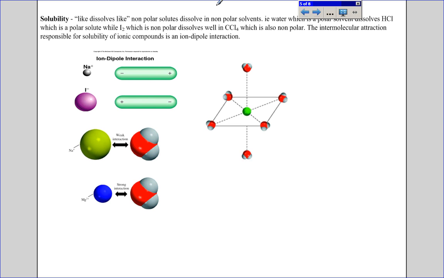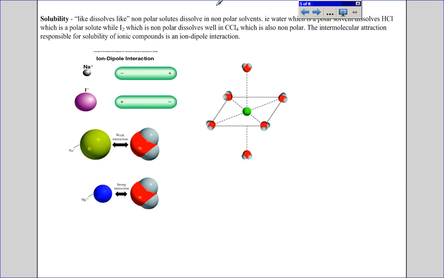When we're talking about solubility in water, there's a phrase that we use: like dissolves like. So water, being a polar molecule, tends to dissolve other polar molecules and will also tend to dissolve ionic compounds because of its ability to have an ion-dipole interaction between the water molecule and the ions in an ionic compound.